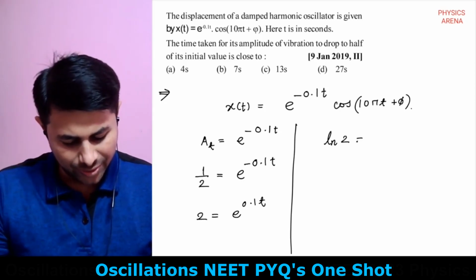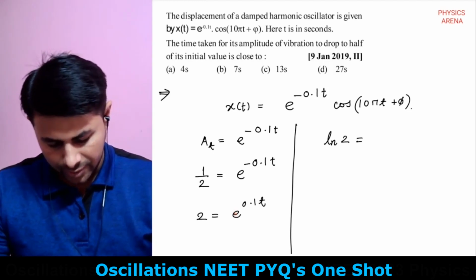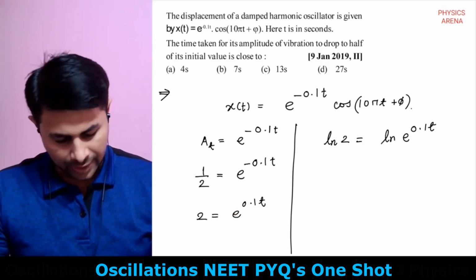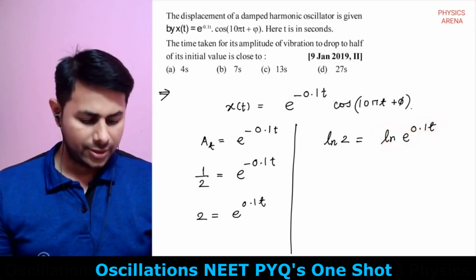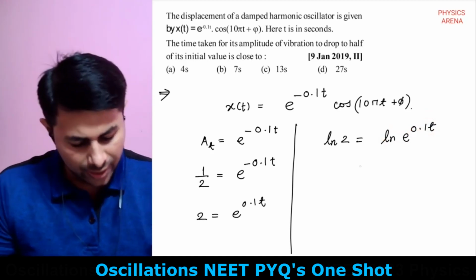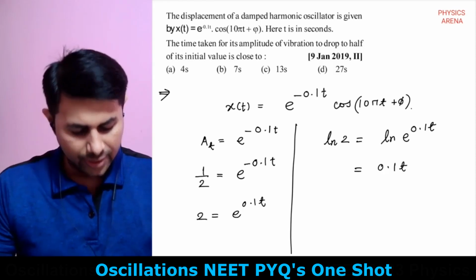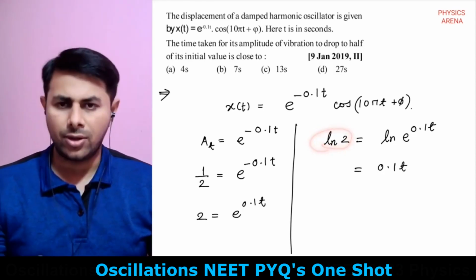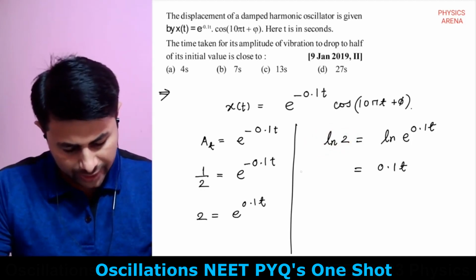So ln of 2 is equal to ln of e raised to 0.1 t. This is the anti-function, the log and e raised to something, exponent and log. So therefore, you can write this as 0.1 t. Ln of e is 1, and then you can convert this to log to the base 10. How come?